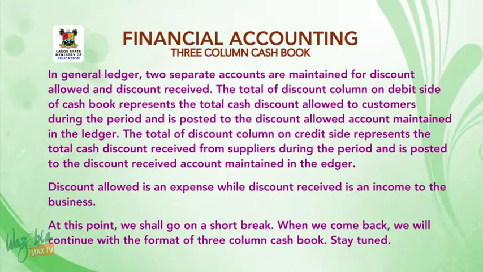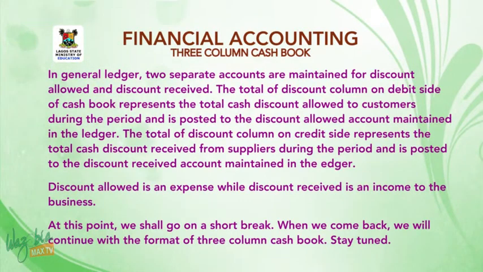In general ledger, 2 separate accounts are maintained for discount allowed and discount received. The total of discount column on debit side of Cashbook represents the total cash discount allowed to customers during the period and is posted to the discount allowed account maintained in the ledger.